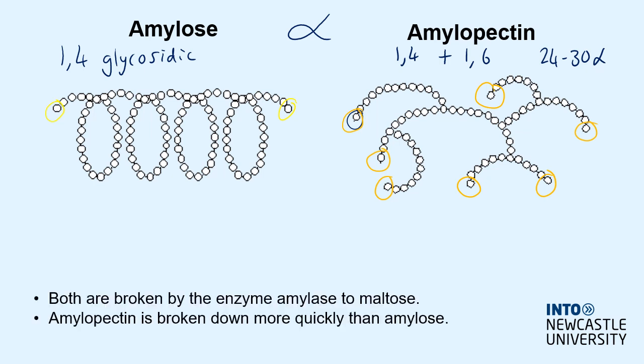Both amylose and amylopectin are broken down by hydrolysis, catalyzed by the enzyme amylase, which breaks it down to the disaccharide maltose, which is then broken down by maltase into alpha glucose molecules. And as I said, amylopectin is broken down much more quickly because it has more ends.